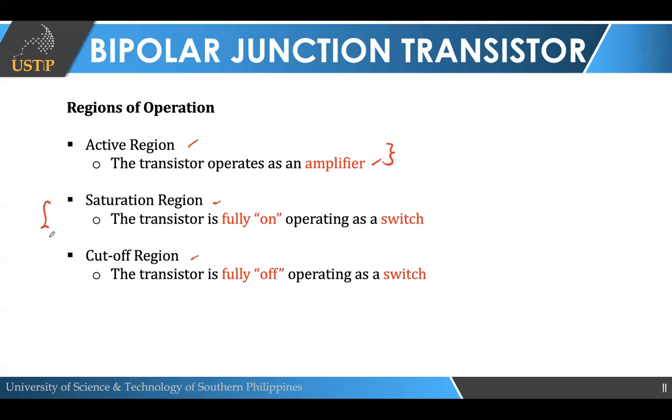Now, both of these regions, class, if the transistor operates in these regions, our application is a switch. But the difference is that when the transistor operates in its saturation region, it is an on switch. And when it operates at the cutoff region, it is an off switch. Okay, so it is not operating at all. It's like our ideal diode that is on-off. Okay, an open-close switch.